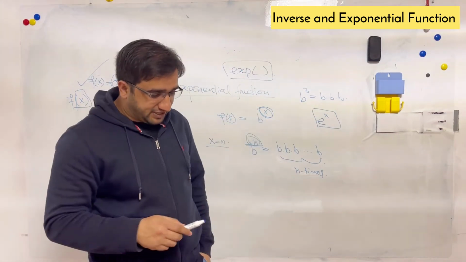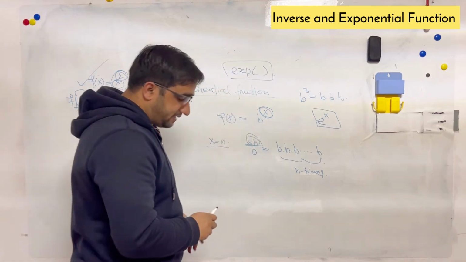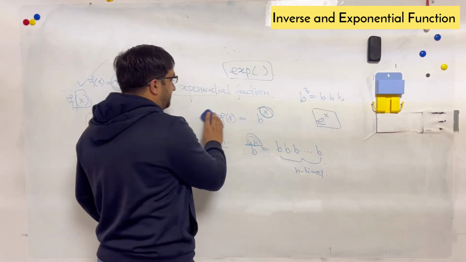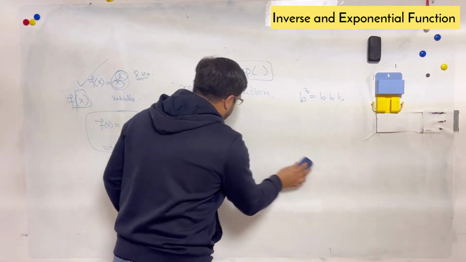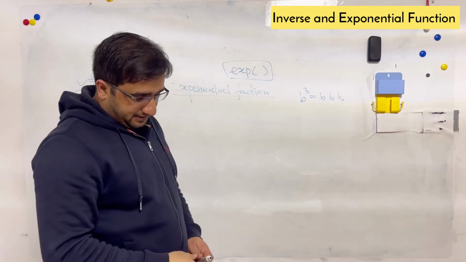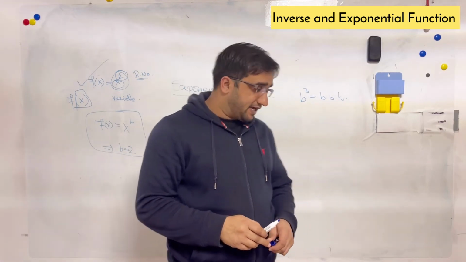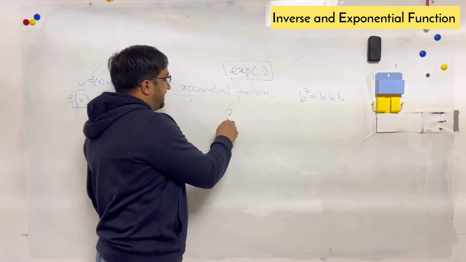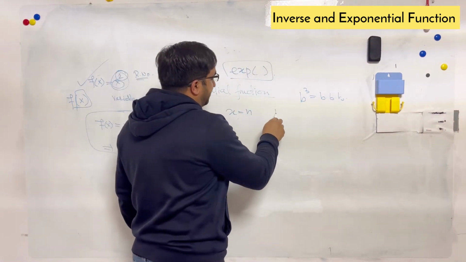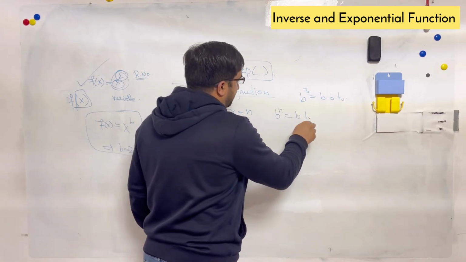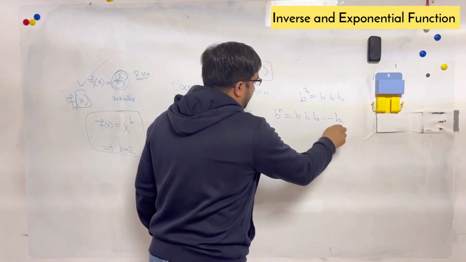Anyways, now suppose, assume that if x is equal to some n, then b raised to the power n is simply b multiplied n times. So this is simple.